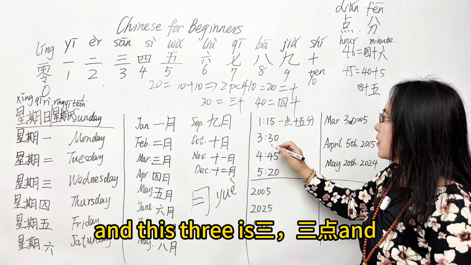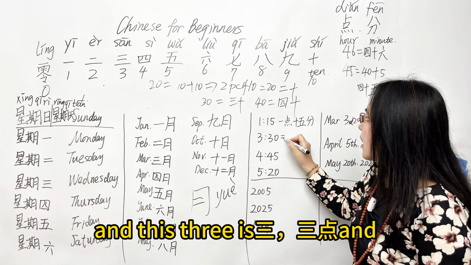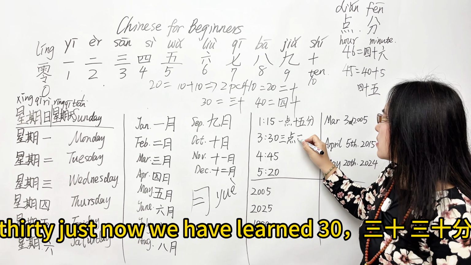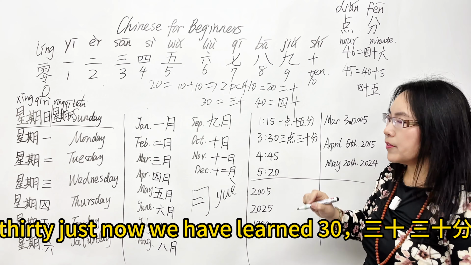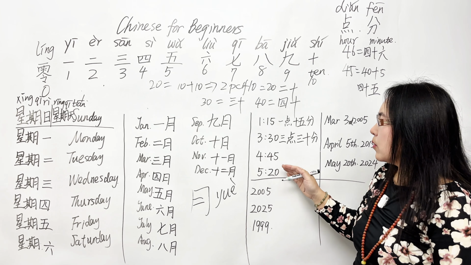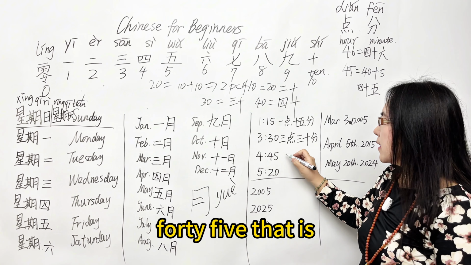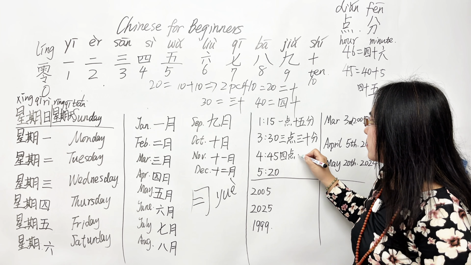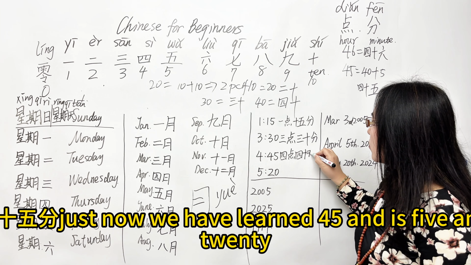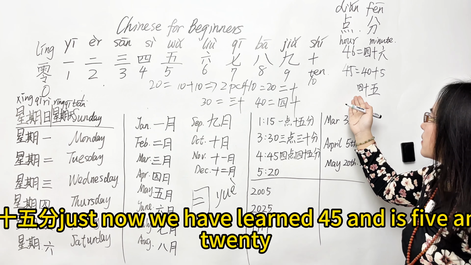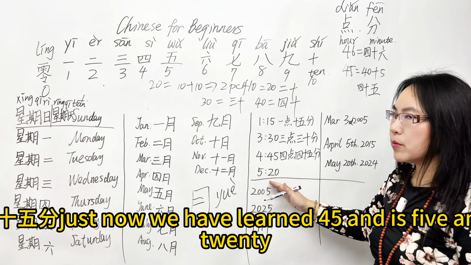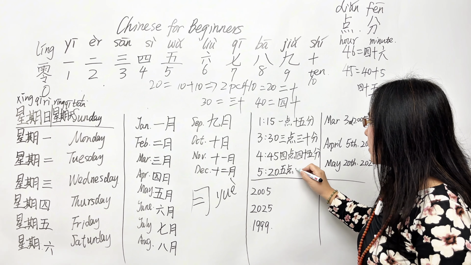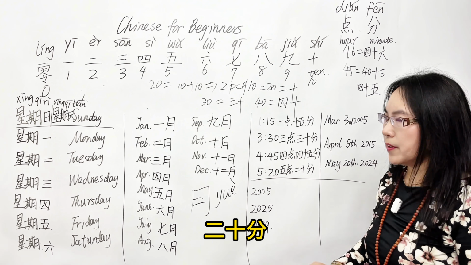And 3点30分, just now we have learned 30分. And 4点45分, just now we have learned 45. And 5点20分.